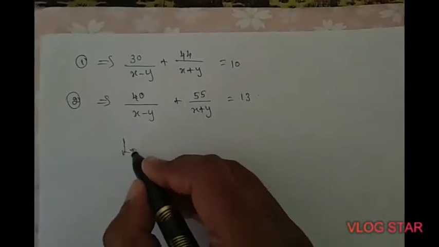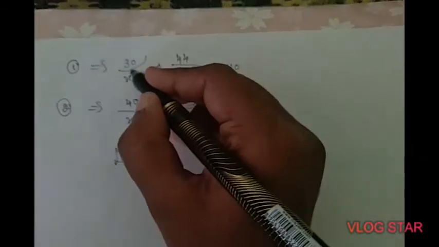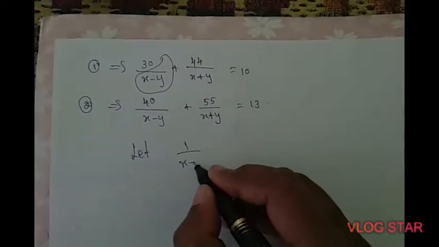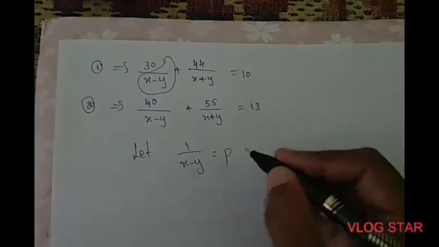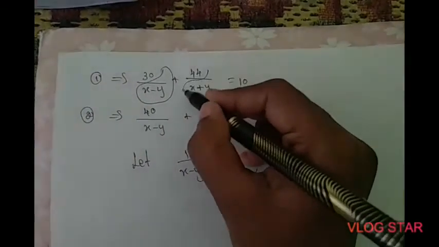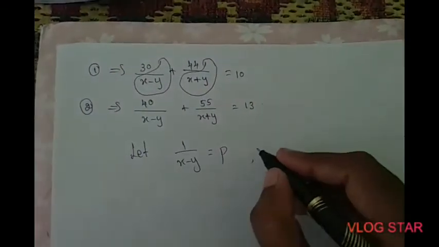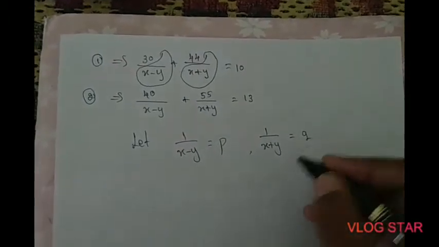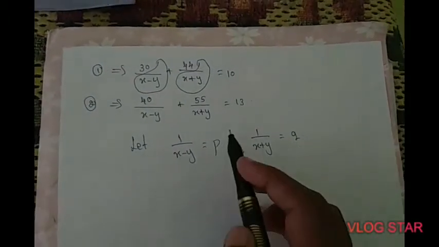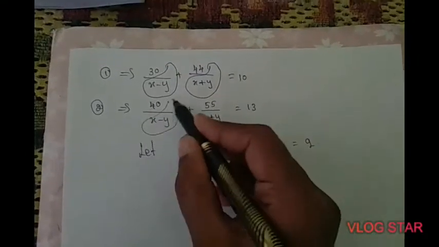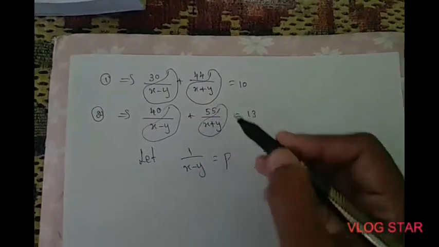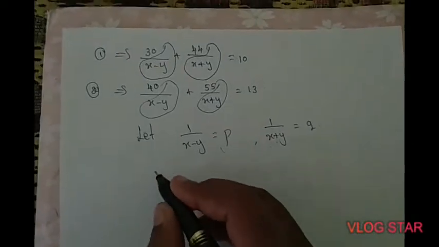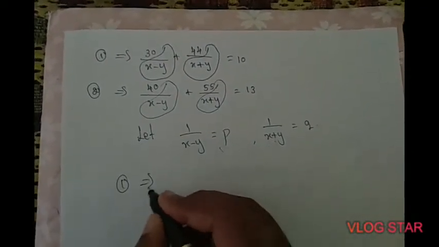So first let us take 1 by x minus y equal to p. Any letters you can take. 1 by x plus y equal to q. Okay. Then we have to apply this condition in the equation. Okay. Then apply in first equation.